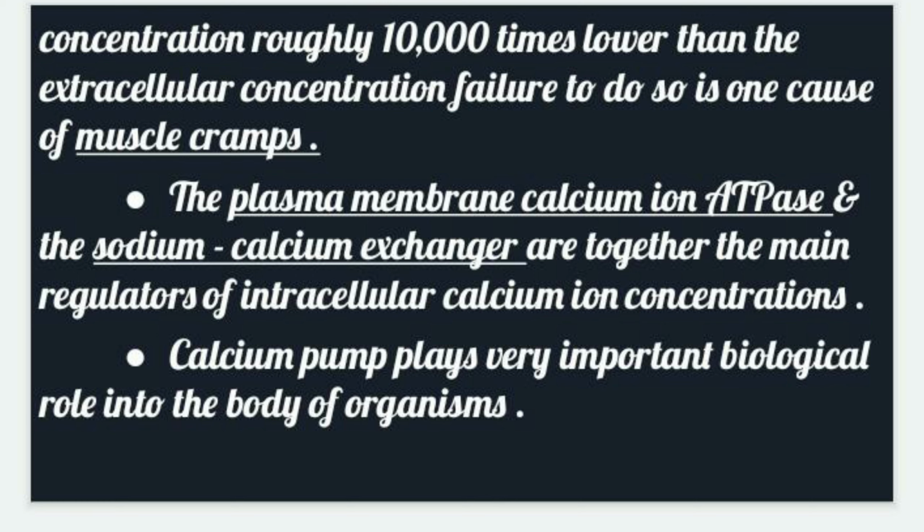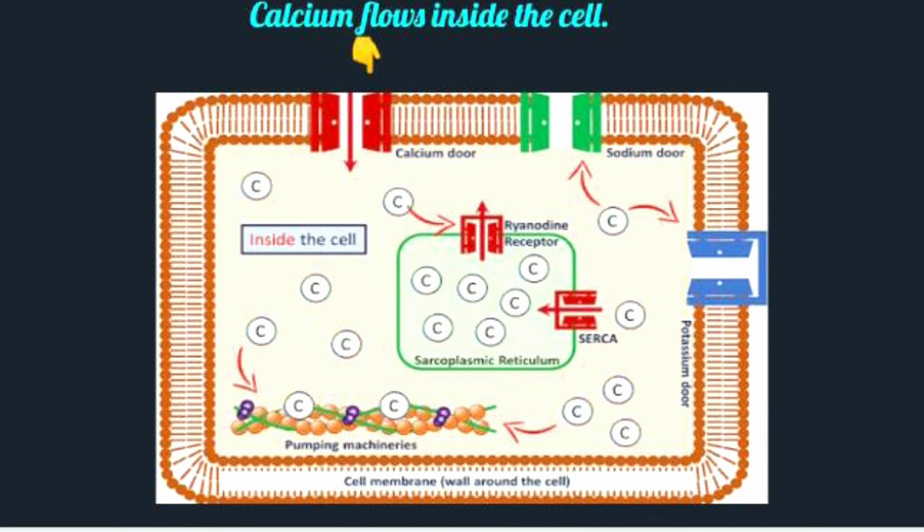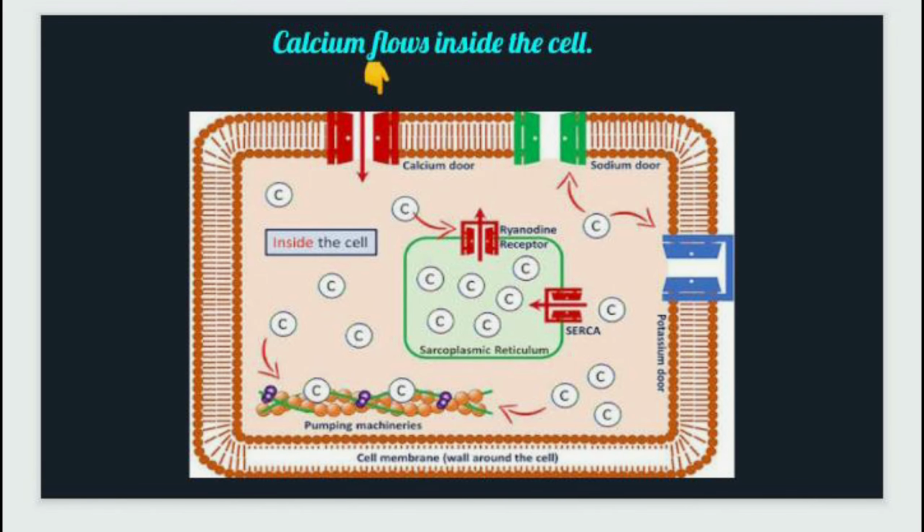Failure to do so is one of the causes of muscle cramps. The plasma membrane calcium ion ATPase and the sodium calcium exchanger are together the main regulators of the intracellular calcium ion concentration. The calcium pump plays a very important biological role in the body of organisms. Now this is the outline of the calcium pump.